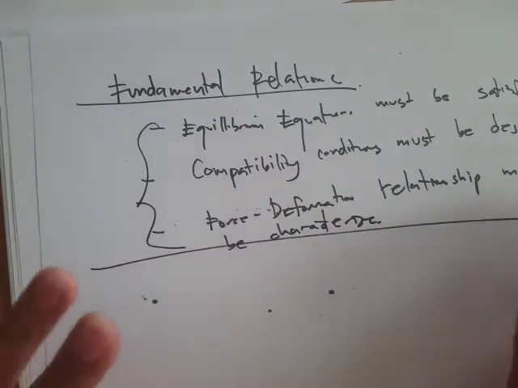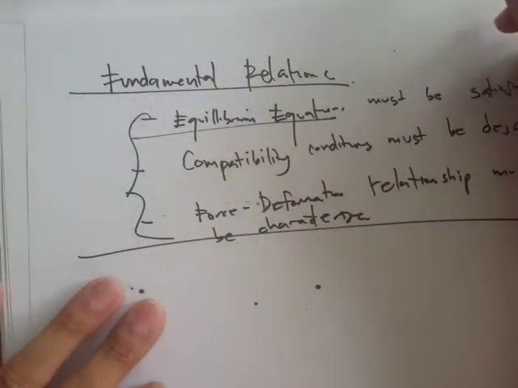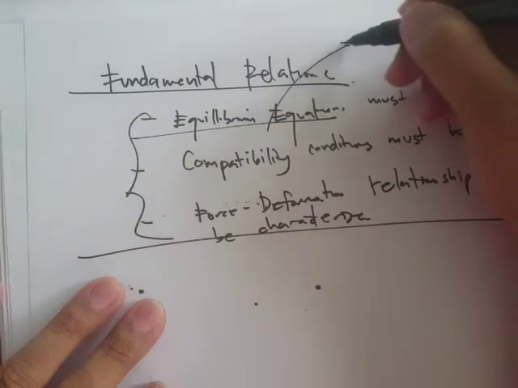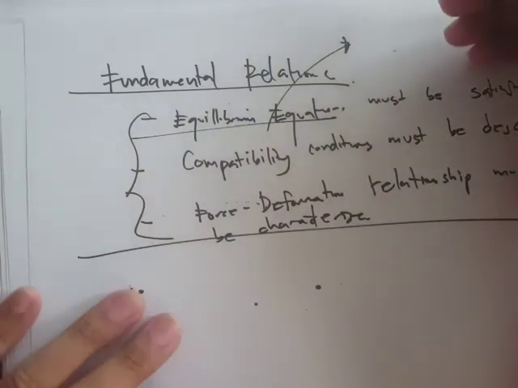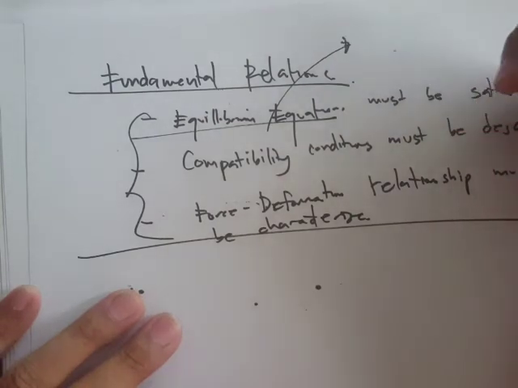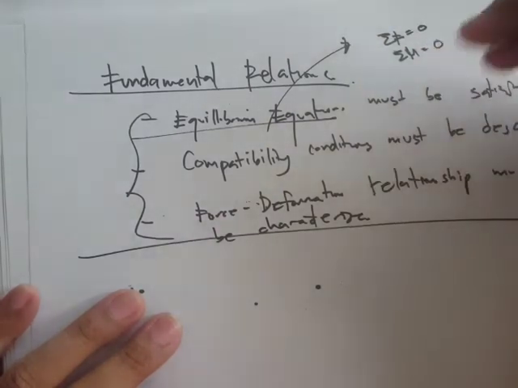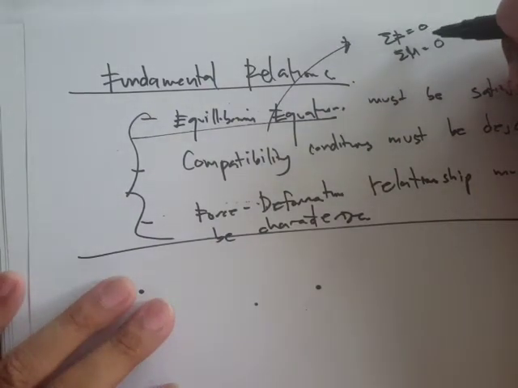Okay, so these are the guiding principles in the analysis of structures. So meaning that in any problem, the equilibrium equations must be satisfied. When we say equilibrium equations, we should think about the forces. So we use, for example, summation of forces along x, y, and summation of moment along z must be equal to 0. That means there's no acceleration.